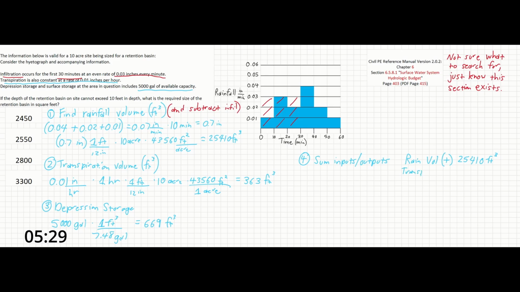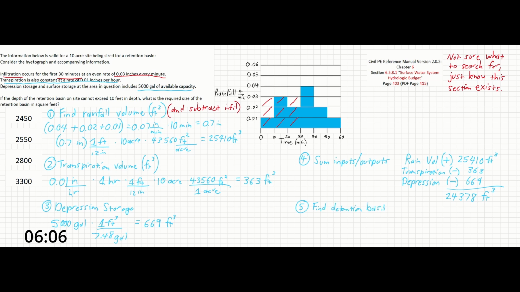Again, transpiration is going to be a negative value. And depression storage will also be a negative value. Solving this, we get a total of 24,378 cubic feet.